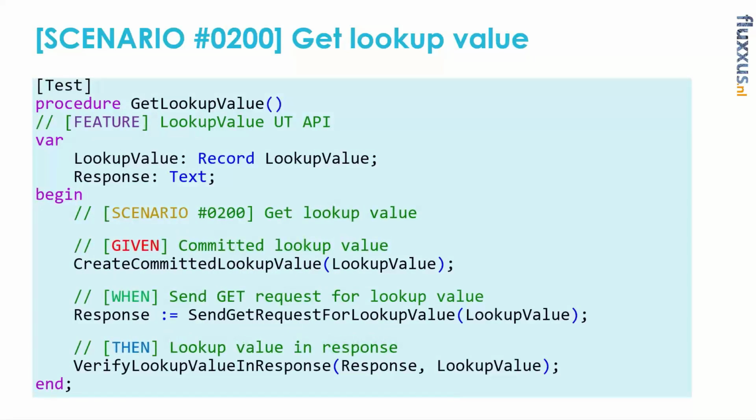So this is one scenario ending up in this code. I create a committed lookup value, and this is also part of my discipline and, let's say, my evangelism. I hardly write any nerdy code here. I always use helper functions that embed the real code. I'll show you later the real code behind. For two reasons, this is readable by almost anybody. I always exaggerate. My mother, she's not living anymore, but she could read English very well.